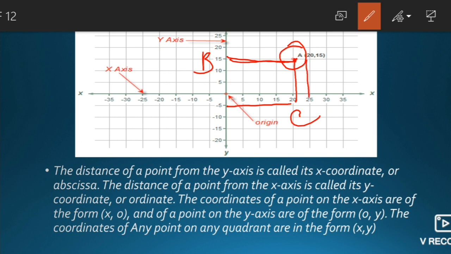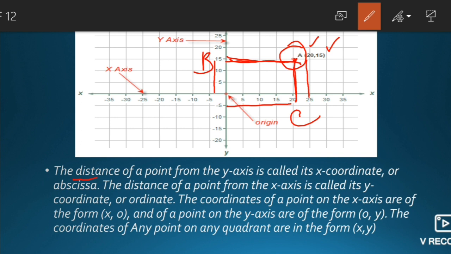This one is the same as that one, so it is 15. That's why the x-coordinate is 20 and the y-coordinate is 15. So the x-coordinate is the distance of the point from the y-axis, and the y-coordinate is the distance of the point from the x-axis.